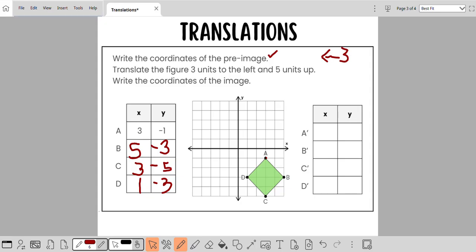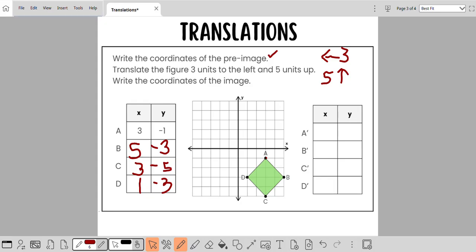I know that's my first move. Then it says and 5 units up. So I know I'm going to go 5 units up. All right. And it says write the coordinates of the image. Okay, so that was the pre-image where we start, and the image is where we end up.